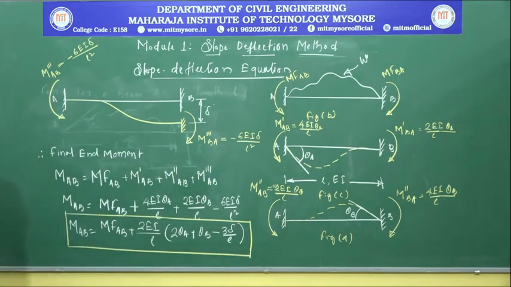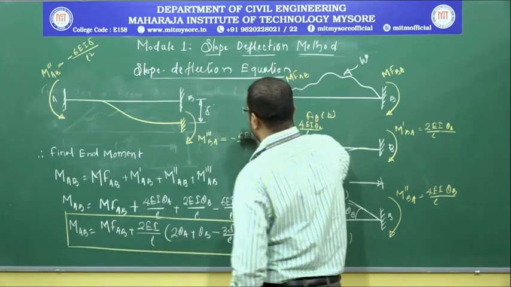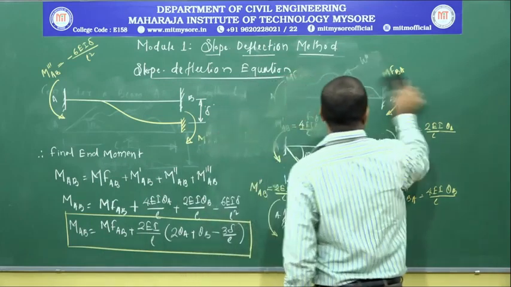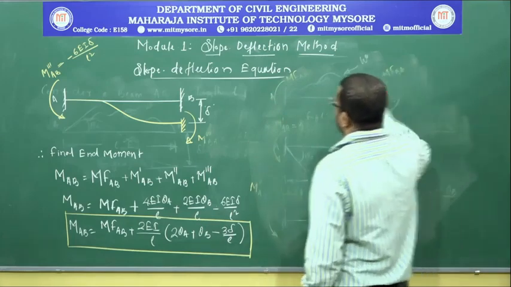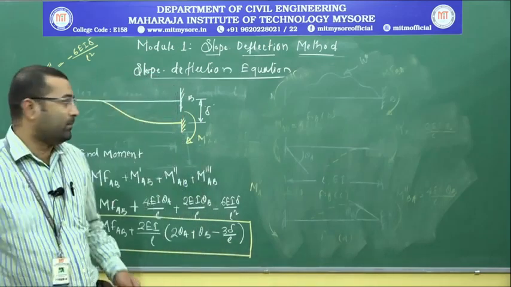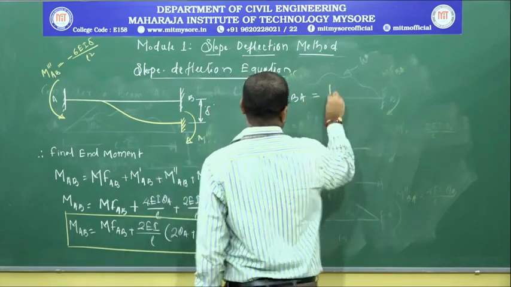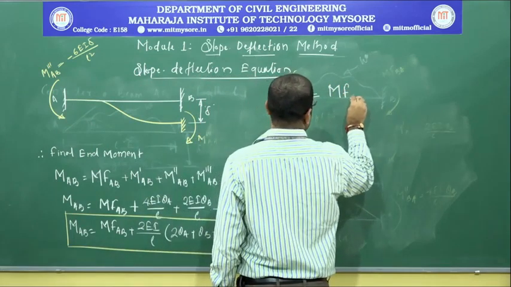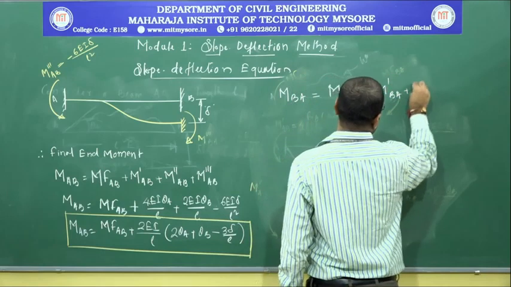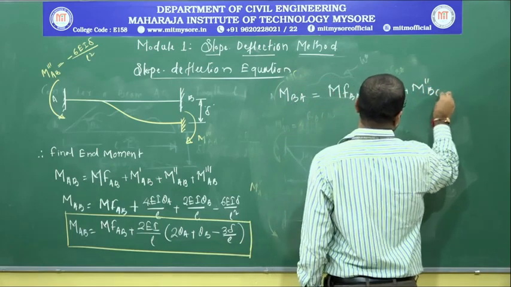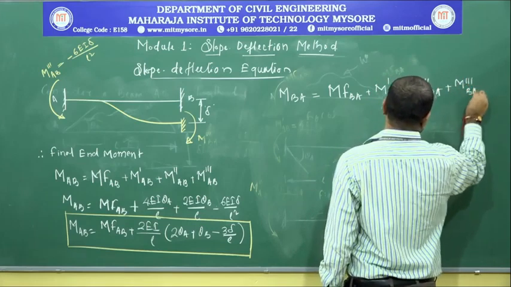This generalized equation can be used to determine the final bending moment of any beam at left. Similarly, we have to write one more equation on the right side, that is MBA. So here MBA is equal to, it is almost similar to the previous case, MFBA plus M dash BA plus M double dash BA plus M triple dash BA.